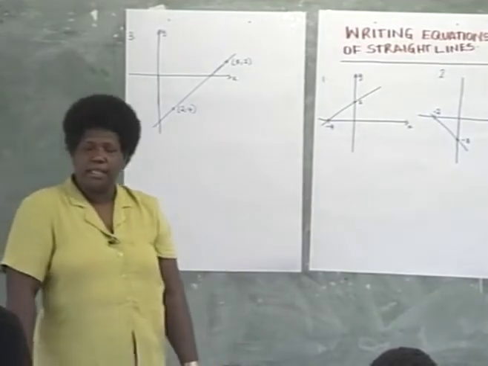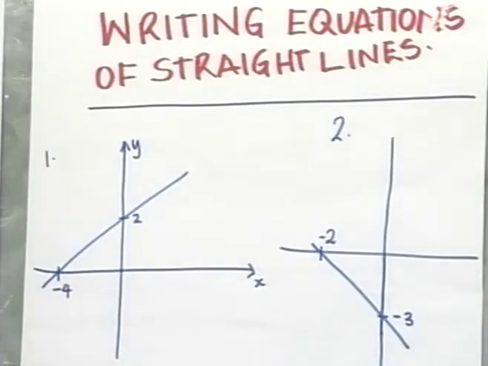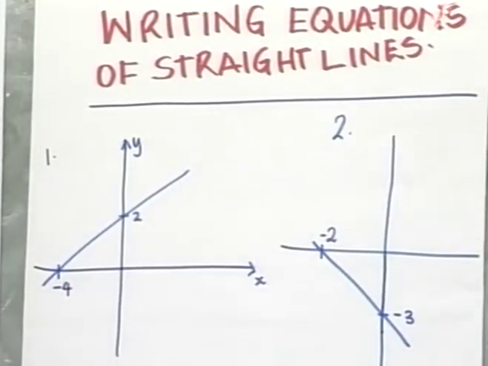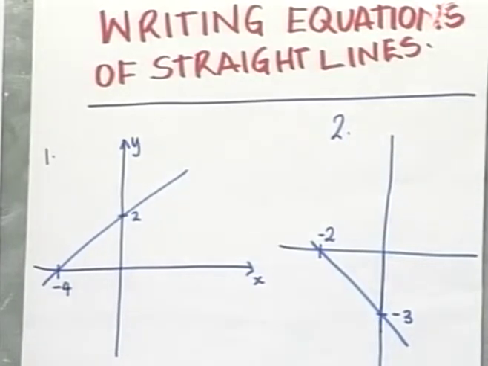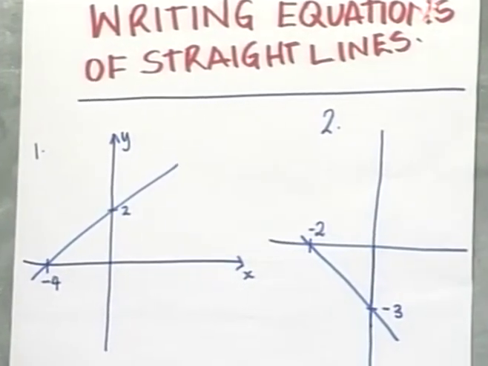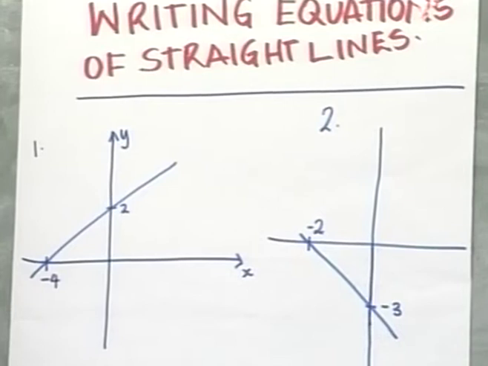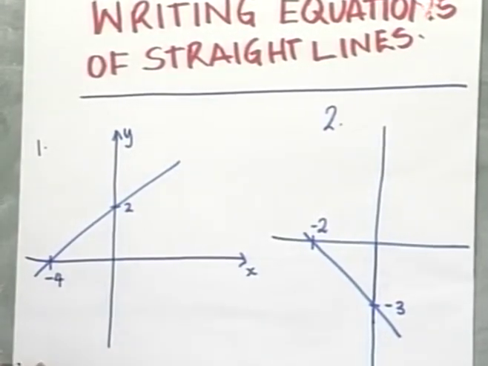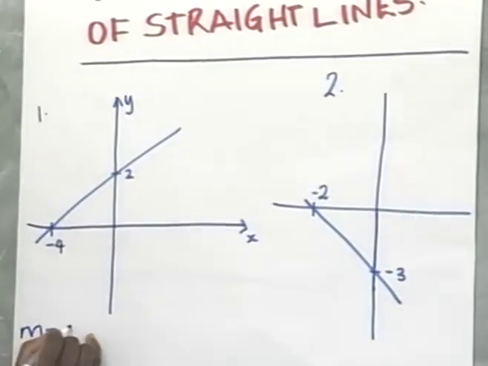The first thing that you need to look at is to see how the line is sloping. If it slopes in this direction, that means the gradient of this line will be positive. And then if you want to, you can use rise over run to find the gradient of the line.